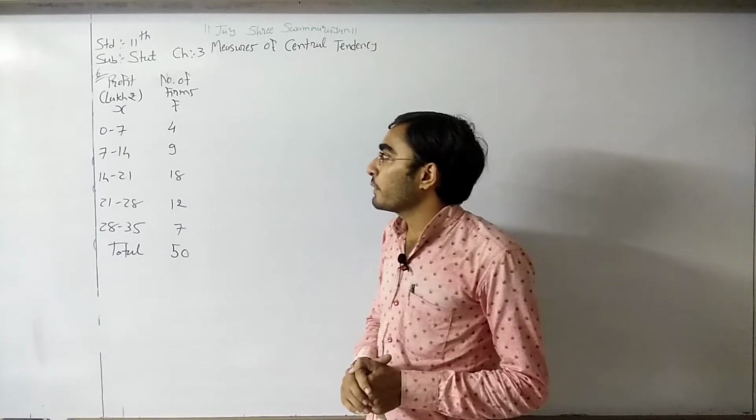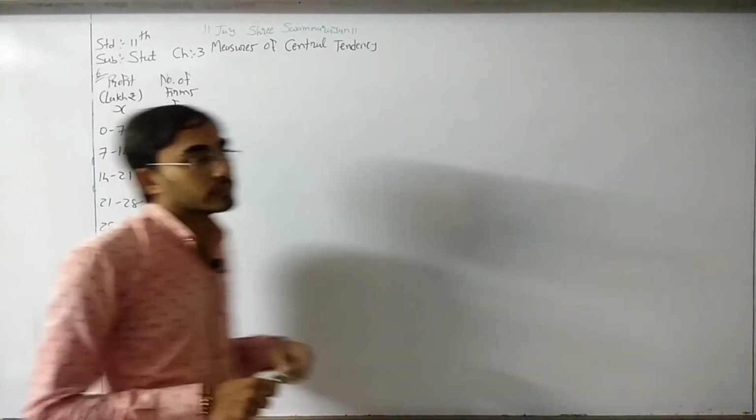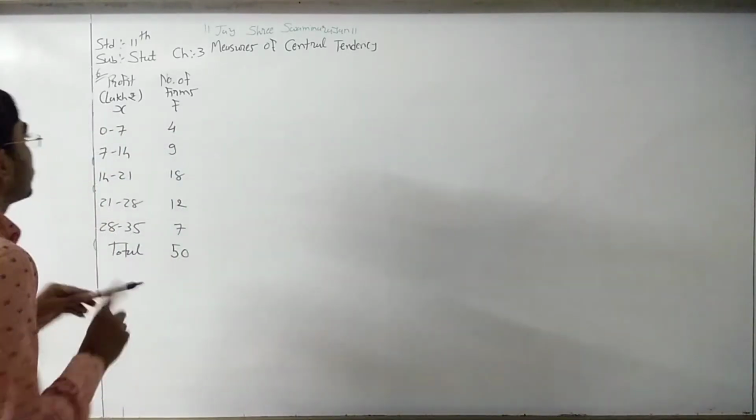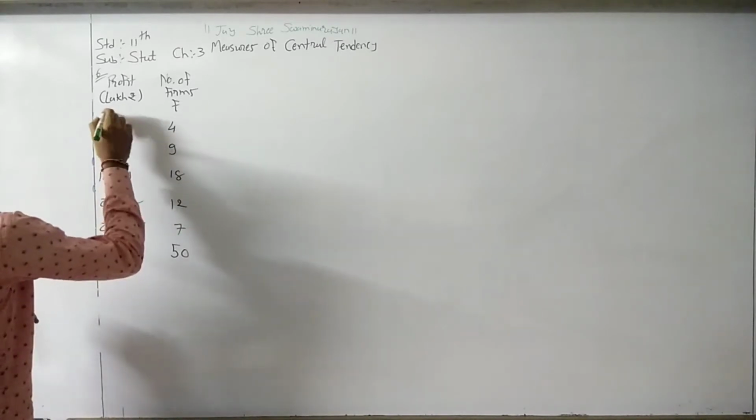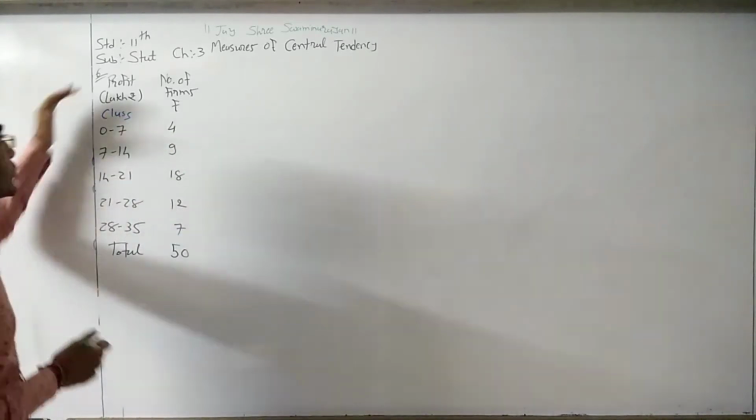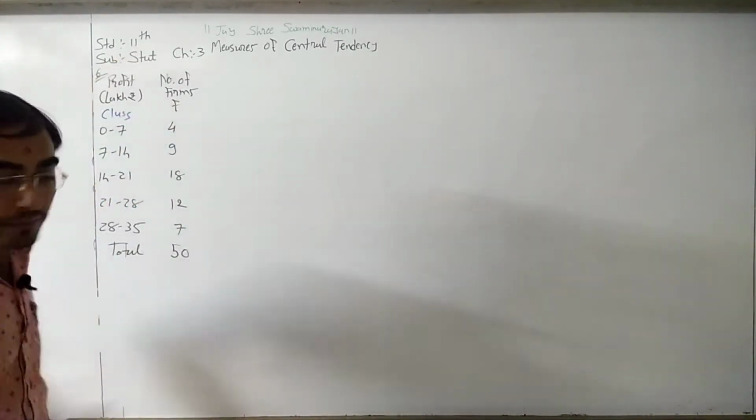So first of all, what do we need to find here? This is not X, but this is the class. So the class is given to you, and the frequency F is given to you.